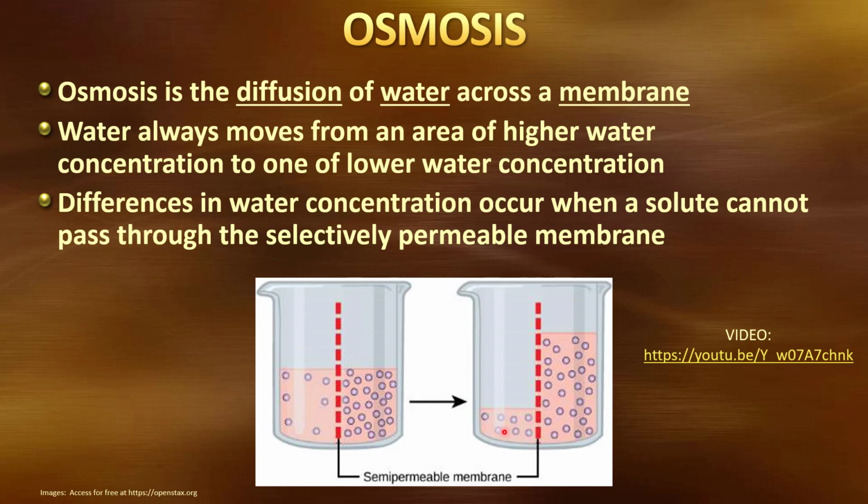What has happened is water has moved from an area of higher water concentration over here on the left to the right. So now we have more water on the right. And if we were to look at the overall concentration of solute to water, the percentages, now they're the same on the two sides. But what has happened is we've got a net flow of water coming over to this side.